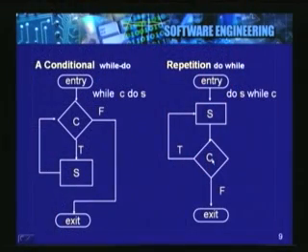So you execute S, and then you find whether C is true or false. If C is true, you go back and execute S again, and if C is false, you terminate this do while loop and exit. So you can look at both these structured repetitions as single entry, single exit blocks.